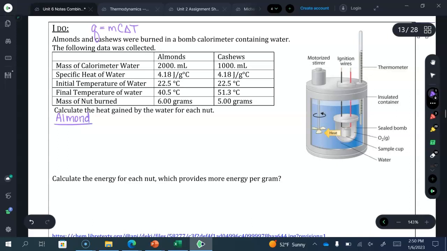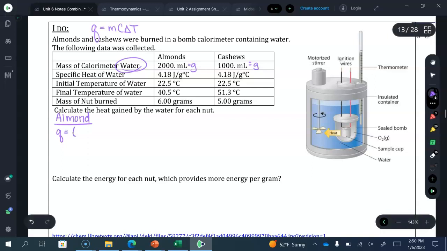Okay, and so we want Q equals mc delta T, and it says for water. So we want to know the Q for the water. We're using 2,000 milliliters, and the density of water is 1 gram per milliliter, so we can switch milliliters for grams when we are talking about water.